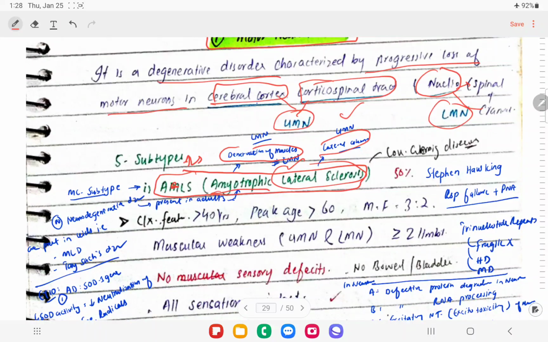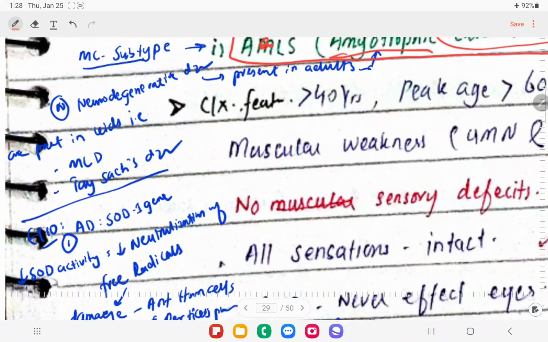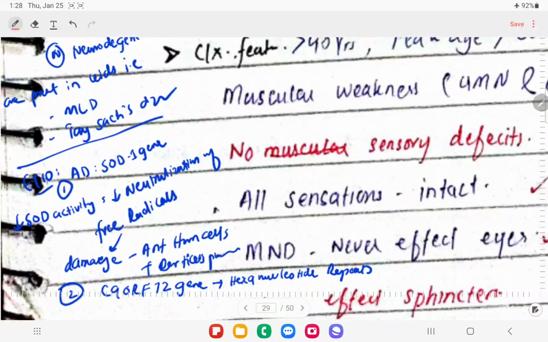So let's discuss the etiologies related to this. It can be autosomal dominant, or it can be present in sporadic form. If we talk about autosomal dominant, there is the SOD1 gene that is mutated in these patients, the superoxide dismutase 1 gene.